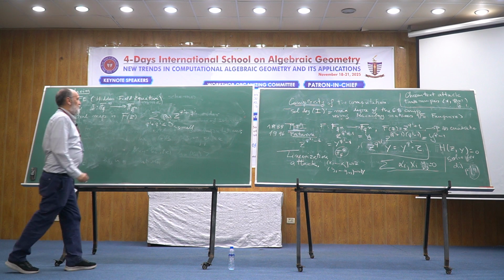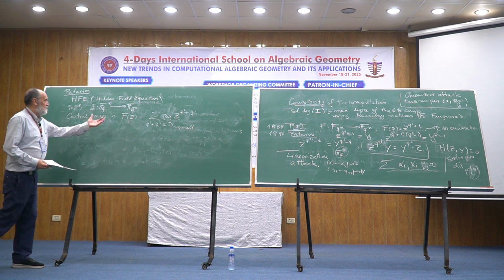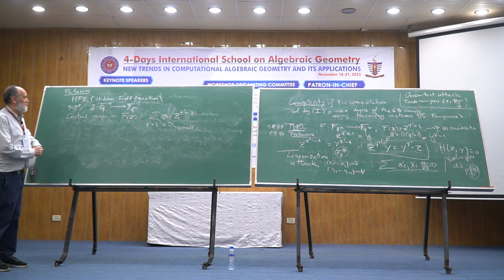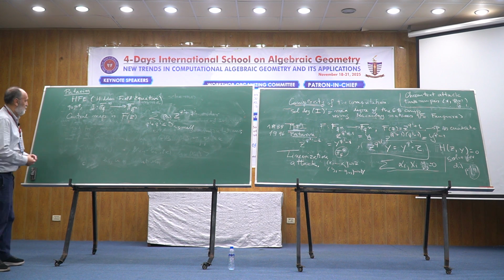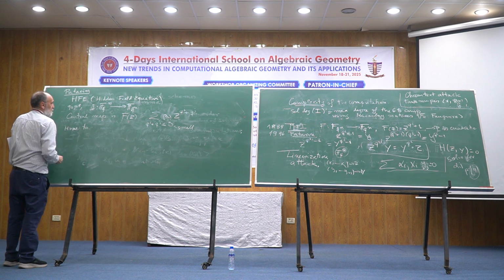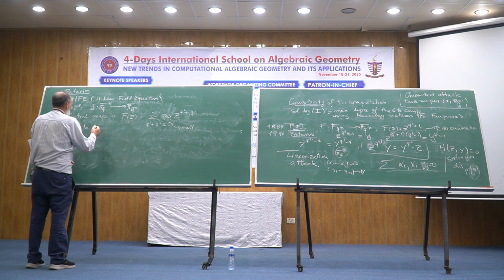So now this map is no longer injective, but it can be inverted. How to decrypt?